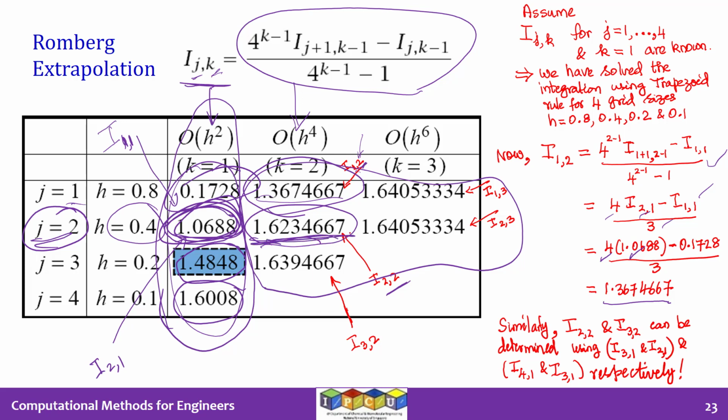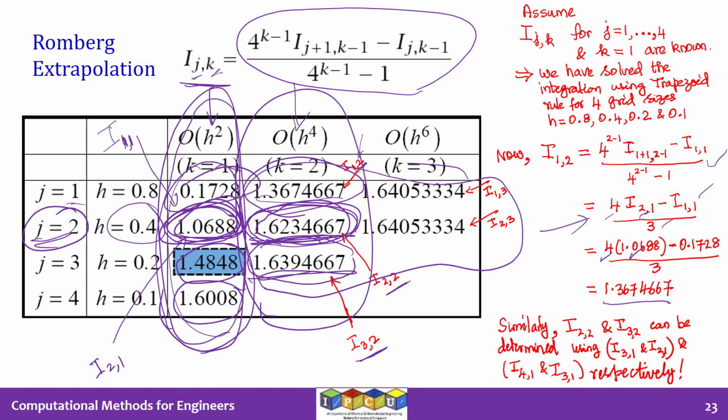This corresponds to Simpson's 1/3 rule with h equal to 0.2. If you want I3,2, which is the value of the integral you get applying Simpson's 1/3 rule with h equal to 0.1, you will get I3,2 as a function of I4,1 and I3,1. A similar looking formula, and you will get this number. So just from the knowledge of the first column, we have got the second column.